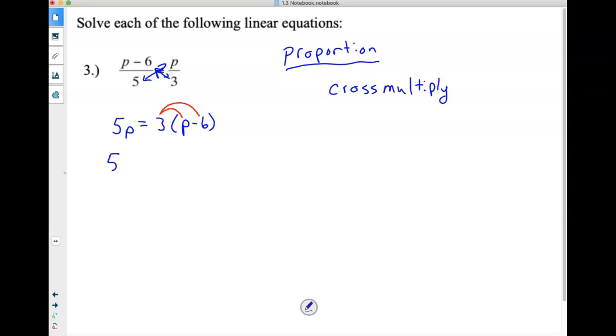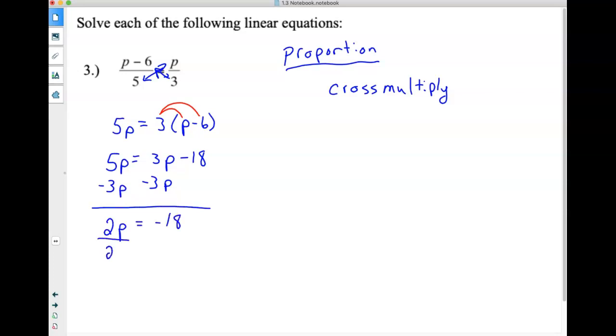So I'm going to have 5p equals 3p minus 18. I have no like terms to collect, so I'm going to subtract my 3p from my 5p to get those terms together, and I have 2p equaling negative 18, and then I divide by 2, those sides cancel out, and I get p equals negative 18 divided by 2, which is negative 9.